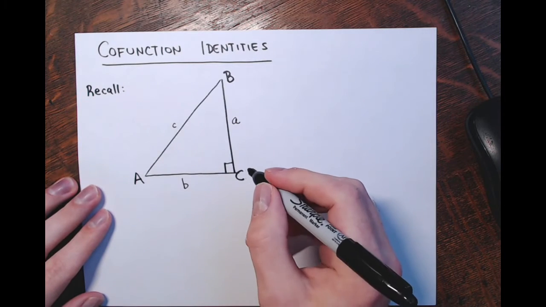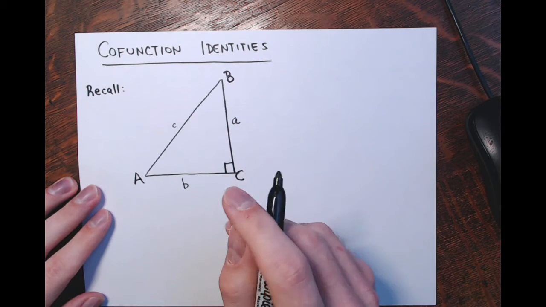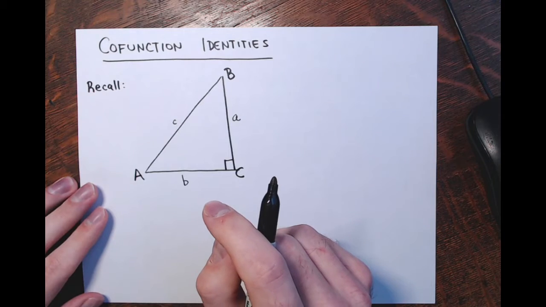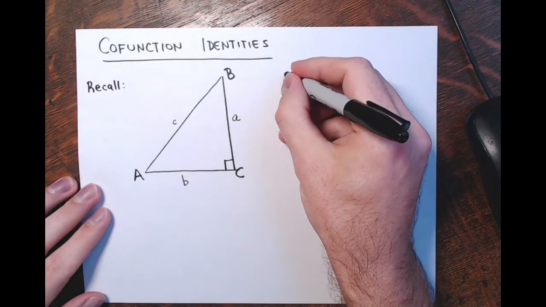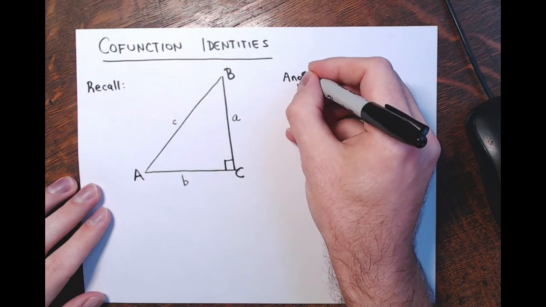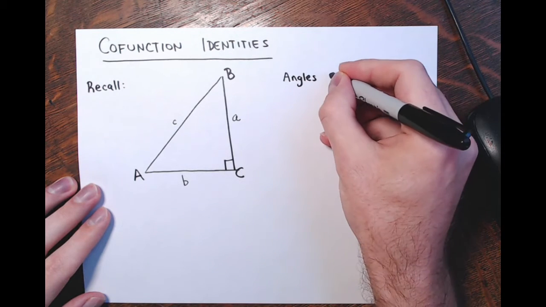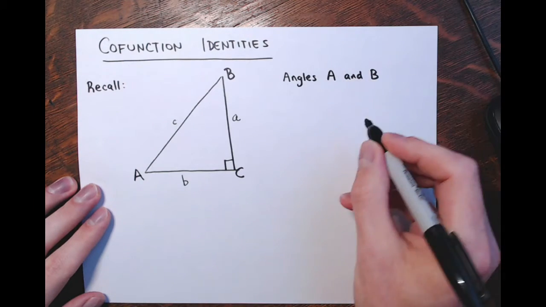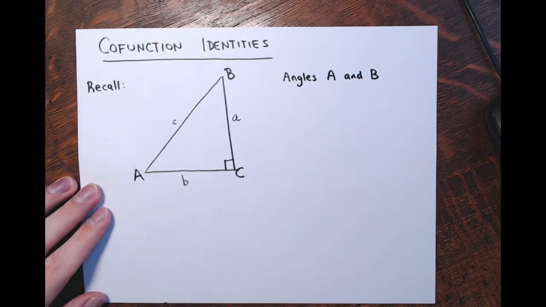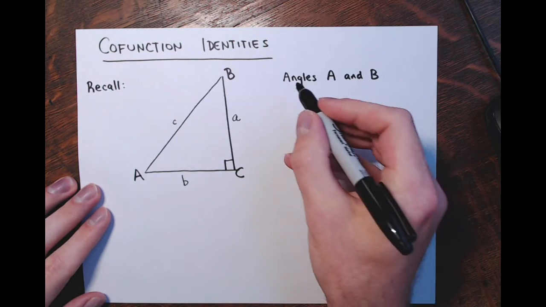Now, one thing you may have heard, maybe back in a geometry class, is that angles A and B in this right triangle would have to add up to 90 degrees.